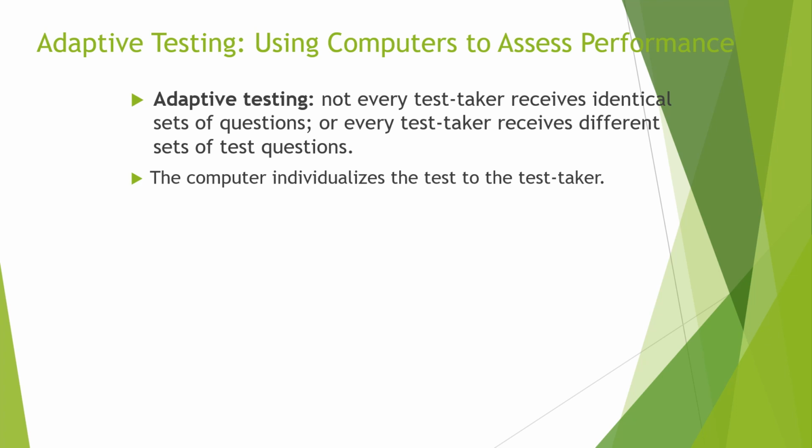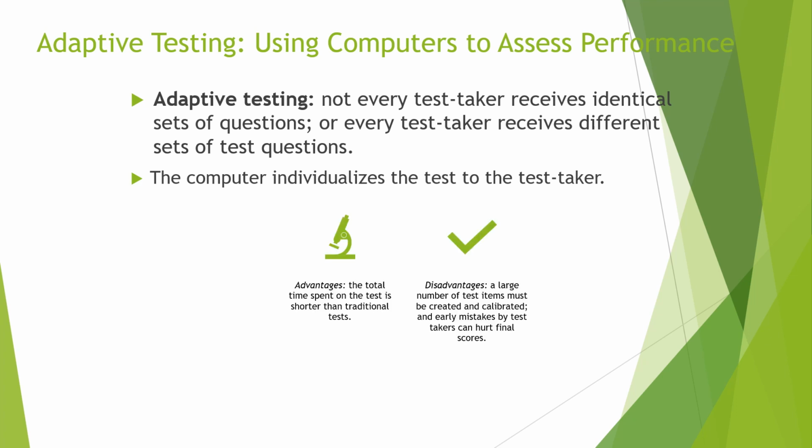So, the advantages and disadvantages of adaptive testing. The advantage is that the total time spent on the test is shorter than what you would find on a traditional test.